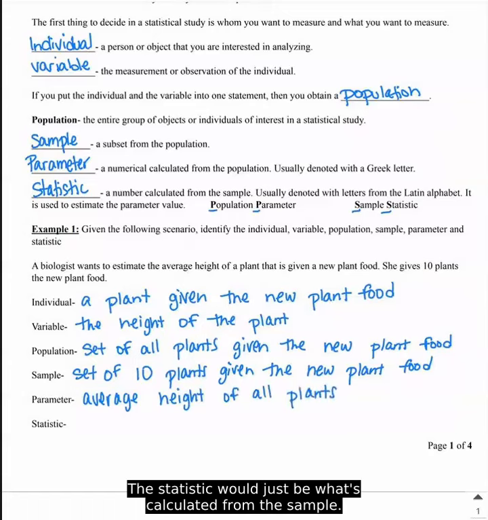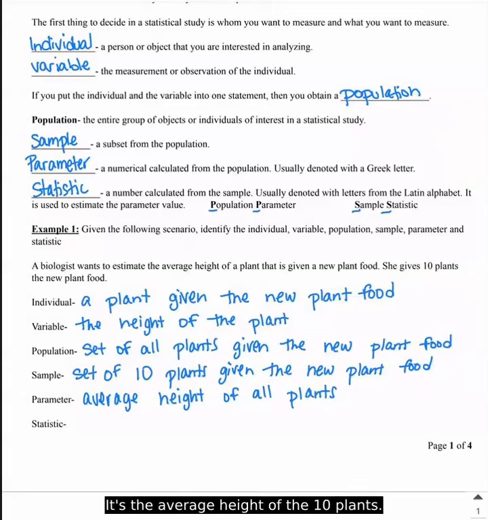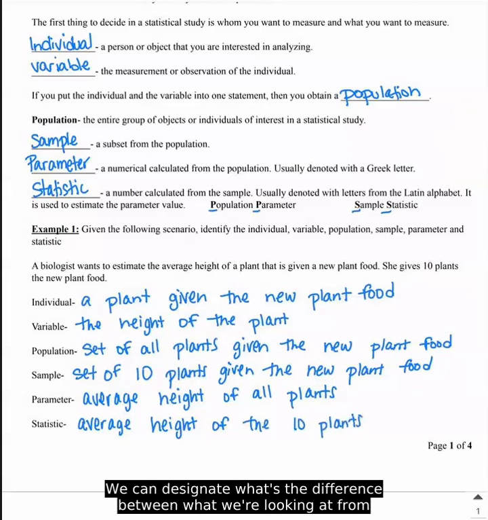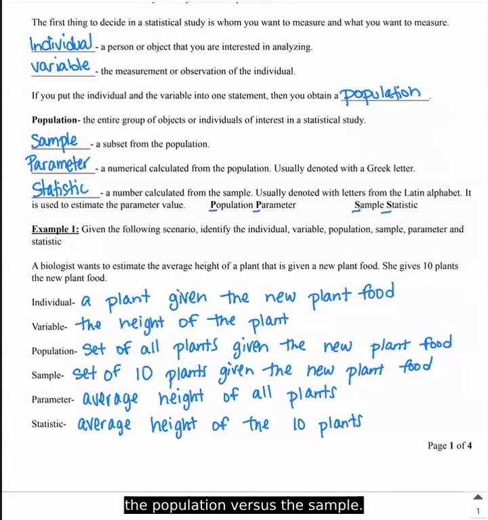And the statistic would just be what's calculated from the sample. So it's the average height of the 10 plants. All right, so we can designate the difference between what we're looking at from the population versus the sample.